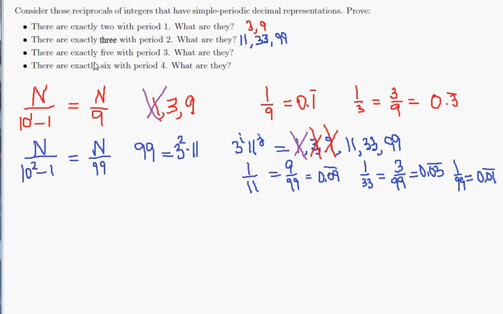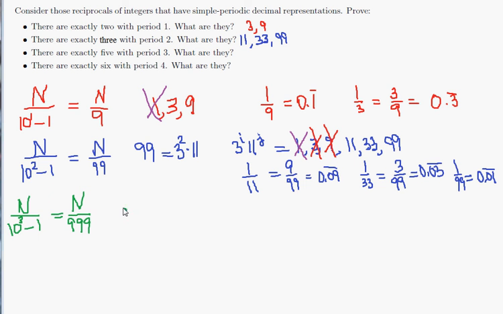Next, we'll take a look at the numbers that have a period of length 3. So these must have the form n over 10 to the third minus 1, which is n over 999. And any number in this form has a simple periodic decimal representation where the period is a factor of 3.